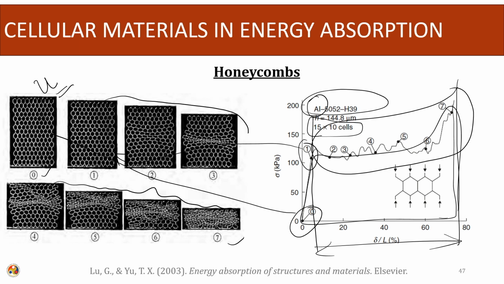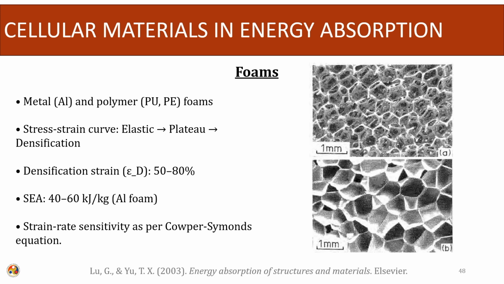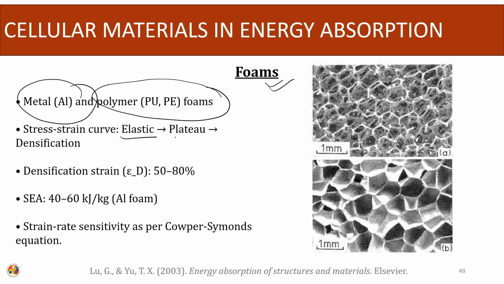Similarly to honeycombs, foams are also used as an energy absorbing material. There are different types of foams, they can be made of metal and they can be made of polymer also. Different types of foams are readily available with different gradations of energy absorption capacity. The same nature follows: first the elastic phase will occur and there will be a large plateau curve.